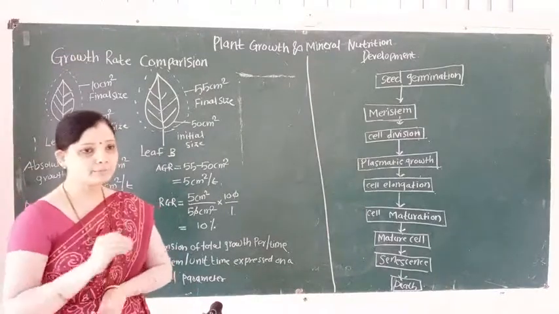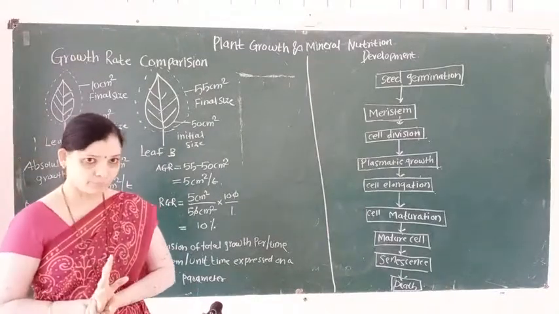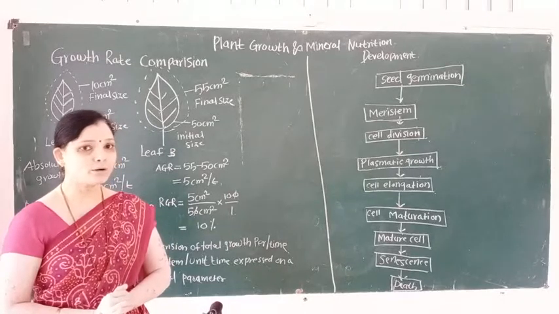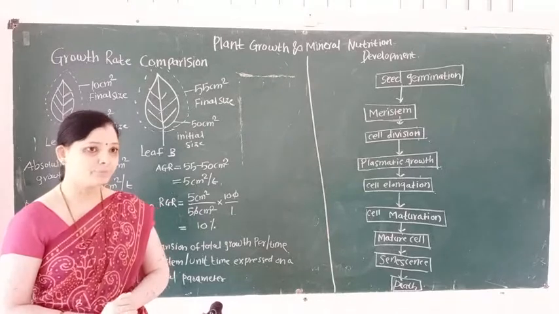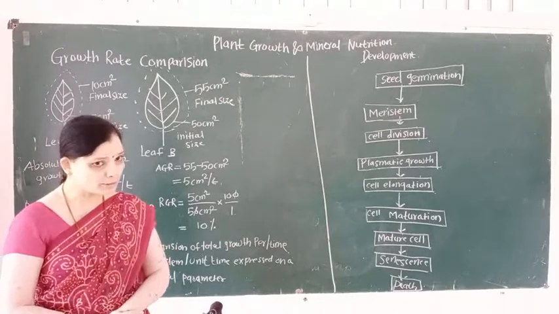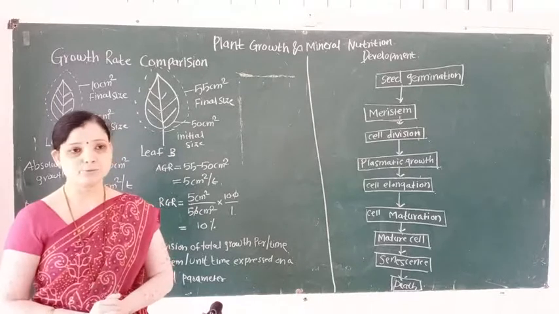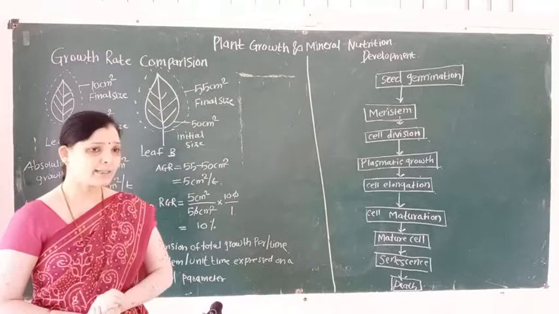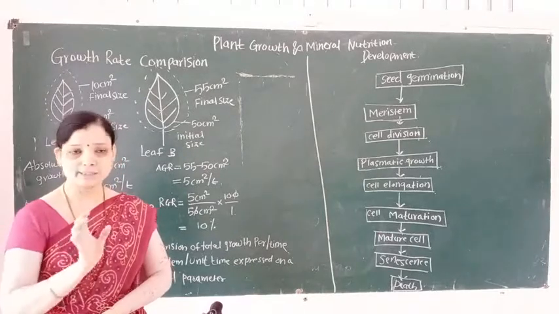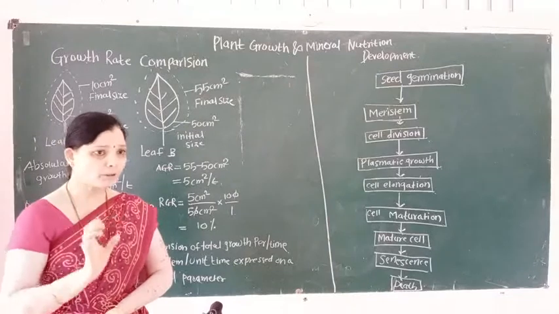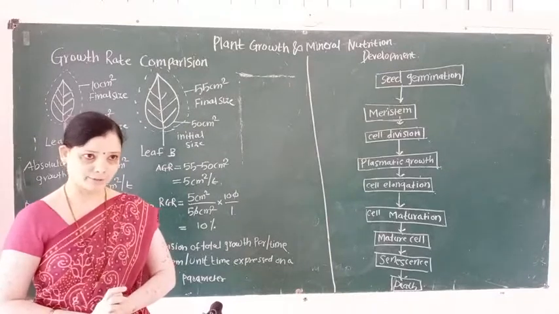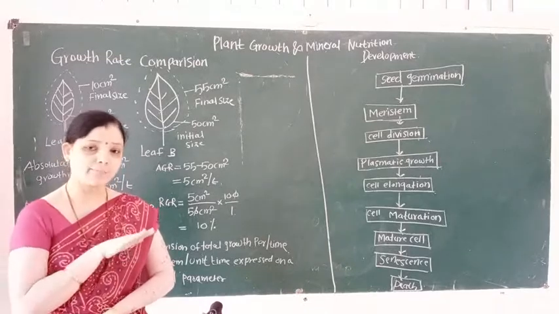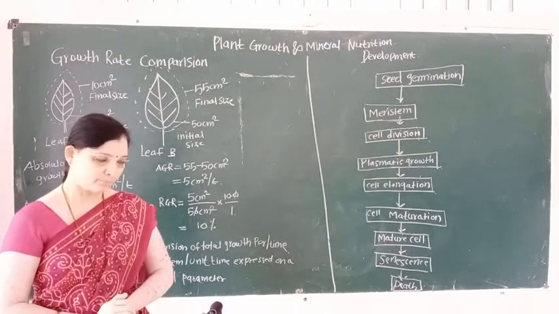And the sigmoid growth curve consists of three phases. First is called the lag phase, second is called the log phase, and third phase is known as the stationary or steady phase. In lag phase, growth rate is slow. In log phase, growth rate is faster. And in stationary phase, the growth rate slows down and becomes steady.